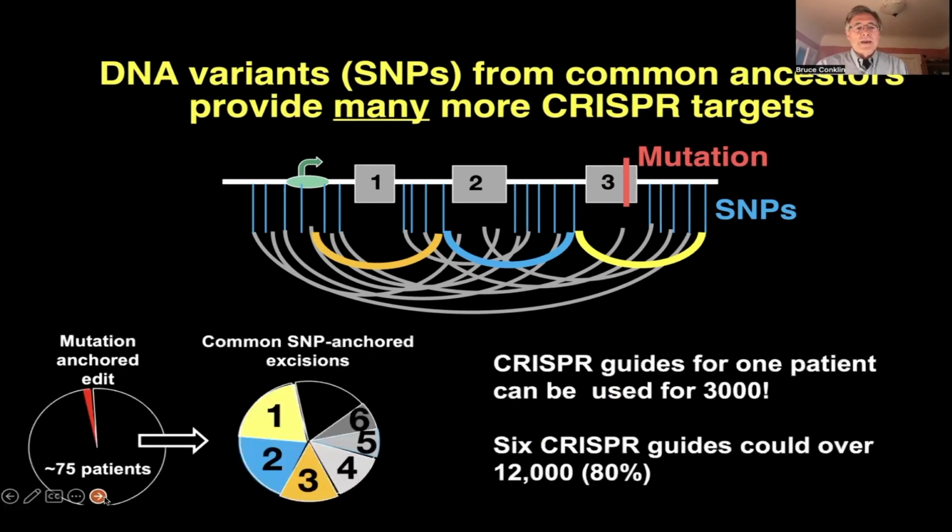the best. Now, I'm going to contrast that to a single mutation-specific edit, as indicated here, where only 75 patients are helped. But now the single CRISPR guide, or a pair of guides, for a single patient can now be used on 3,000 patients.